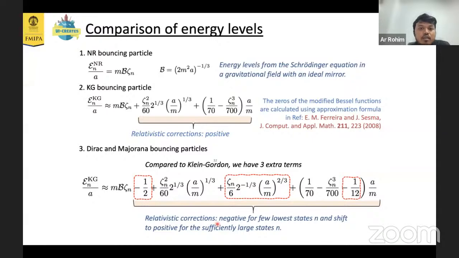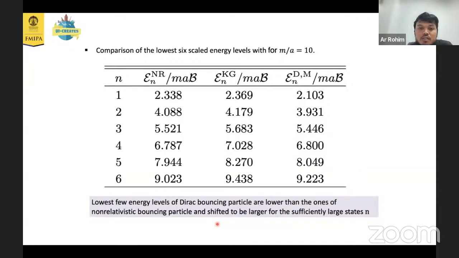This one is the comparison for the non-relativistic and Dirac cases. D here stands for Dirac, M for Majorana, and KG for Klein-Gordon, but we have not discussed Klein-Gordon and Majorana yet because we skipped these two particles. The lowest energy levels of Dirac bouncing particles are lower than those of non-relativistic bouncing particles, and shift to be larger for sufficiently large states n.